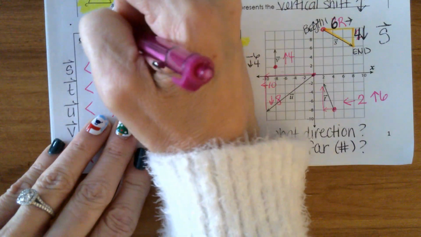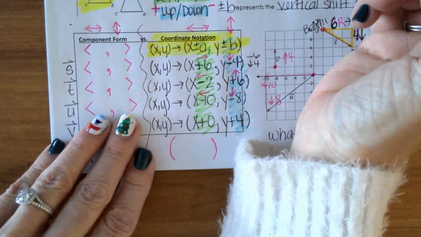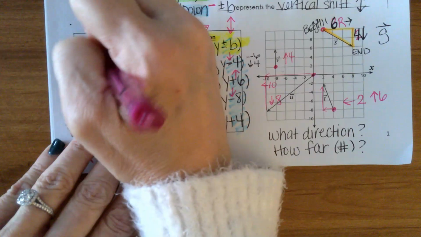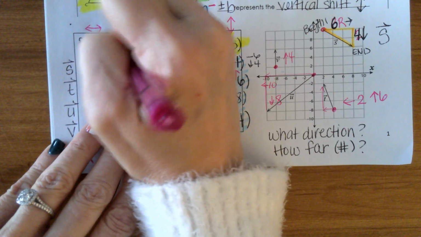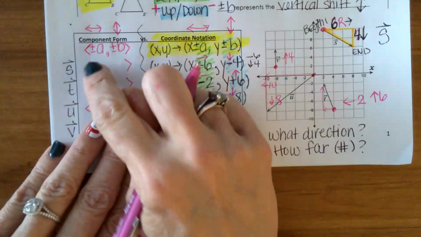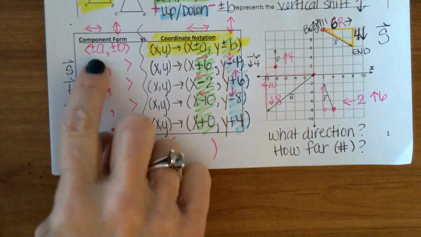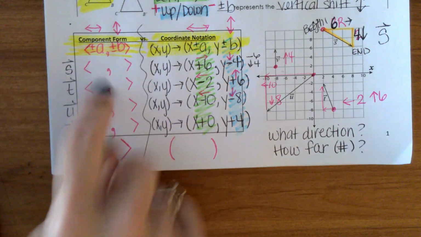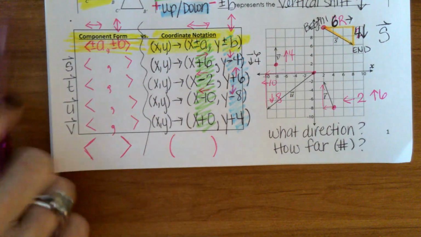The second number is going to be the up or down. And you literally just put the number. Or in this is the rule. Plus or minus A, plus or minus B. That's the shorthand.